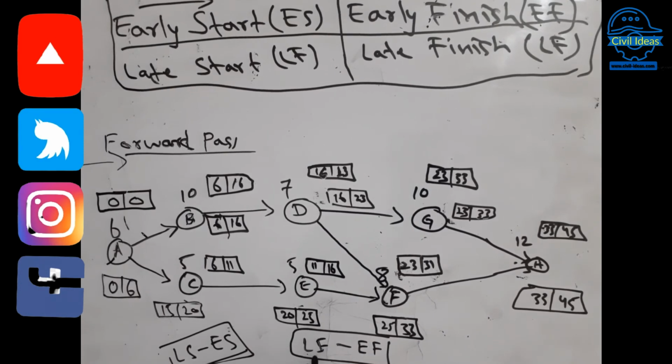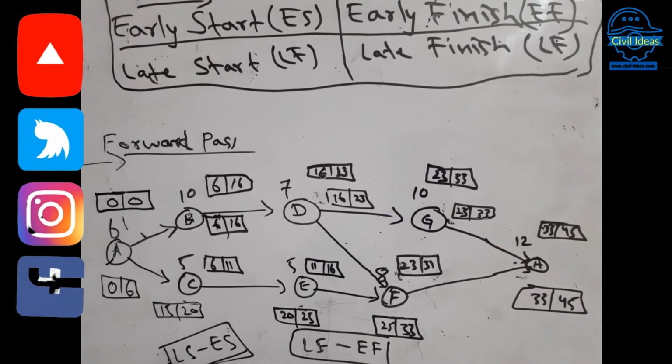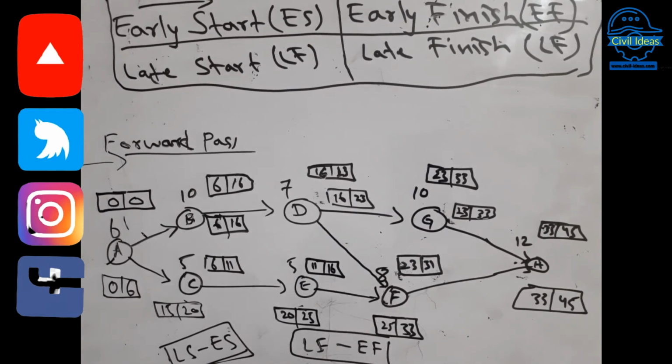Okay, so late finish minus early finish. You have to consider both of these values so that you can check whether there is any slack or float in which activities. So you have to check this by this formula.